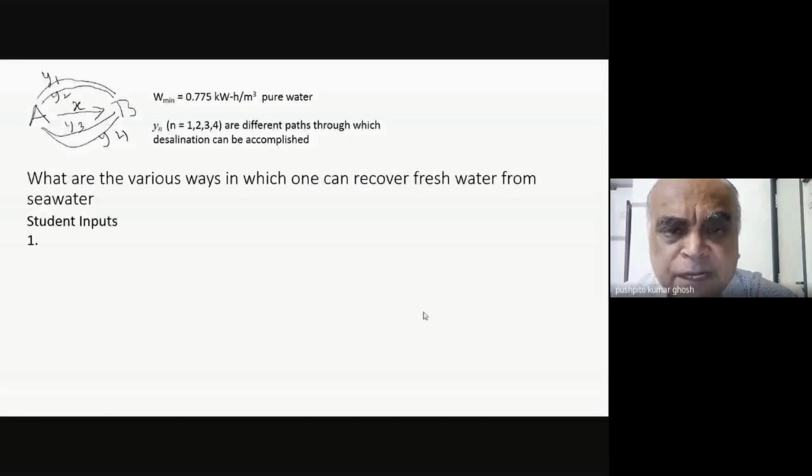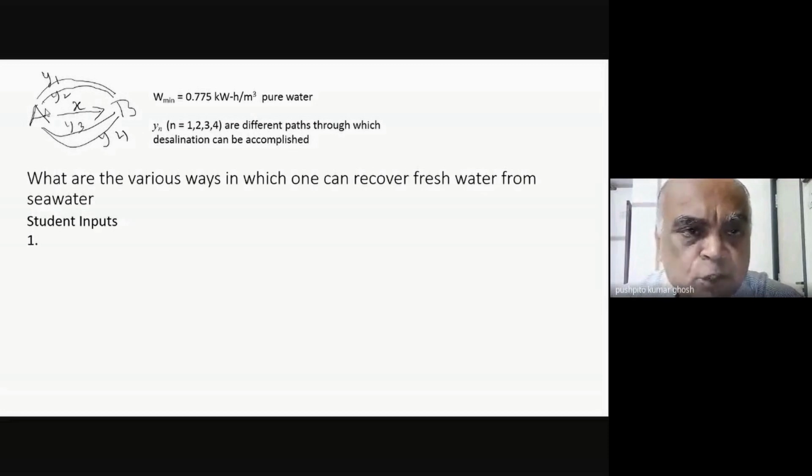In reality, what we are going to be doing is desalination through different approaches, and many different approaches are known to do this.